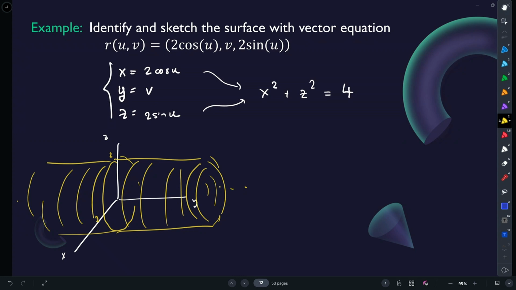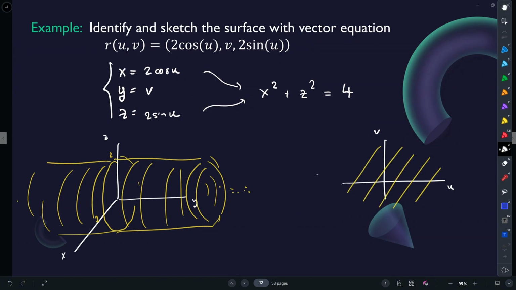And it extends infinitely because our parameter space, in this case, was all of R2. And then that's parametrizing that infinite cylinder. We need an infinite amount of v to be able to parameterize the infinite cylinder, all the possible y coordinates.